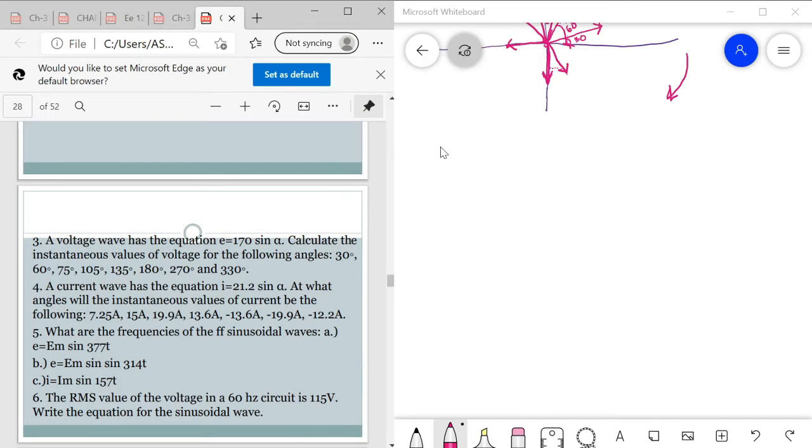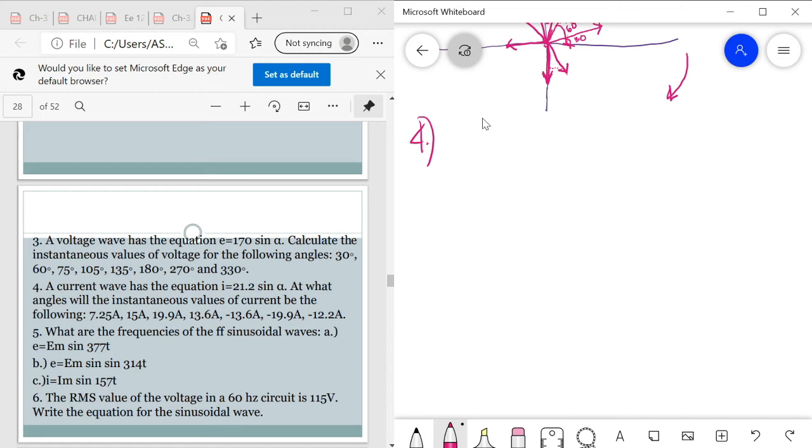Number 4. A current wave has the equation i is equal to 21.2 sine alpha. At what angles will the instantaneous values of current be the following? We have the values of the instantaneous currents and we will solve for the angle: 7.25 amperes, 15, 19.9, 13.6, negative 13.6, negative 19.9, and negative 12.2 amperes.